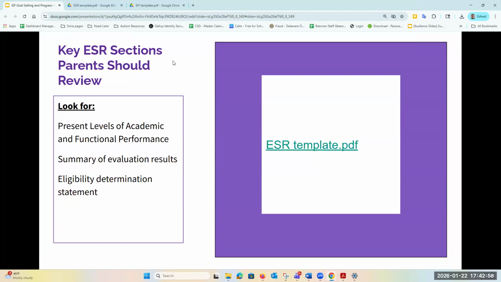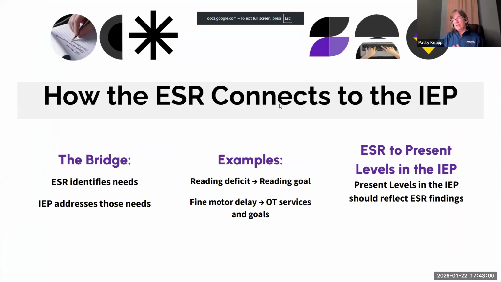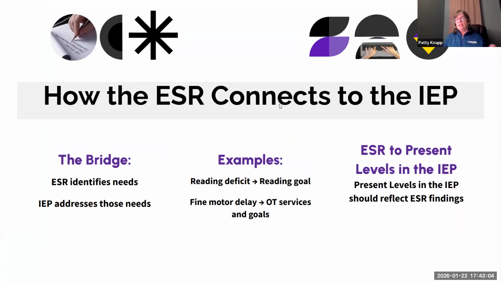Okay. All right. So, how does the ESR connect to the IEP? We consider it the bridge. The ESR identifies those needs and the IEP addresses those needs. Some examples: a child might have a reading deficit, and then we would identify a reading goal. There might be a fine motor delay, and then we would identify some OT services and goals if it's appropriate.